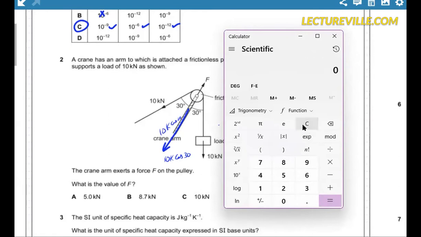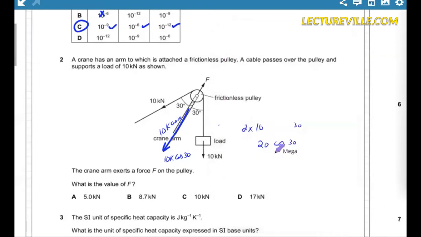Clear everything. So 30 cos multiplied by 20. 17.32. So that shows that the answer should be D. This is the closest.